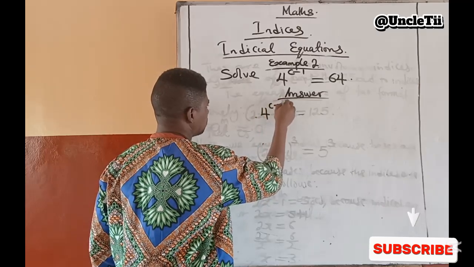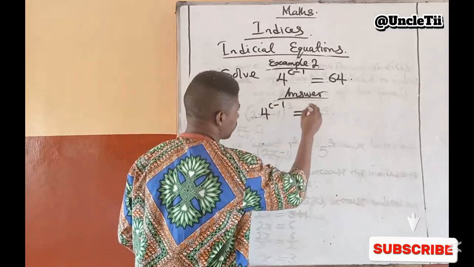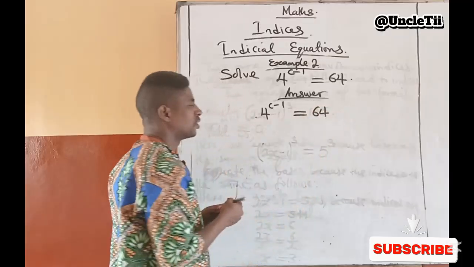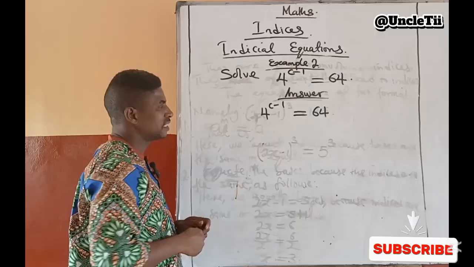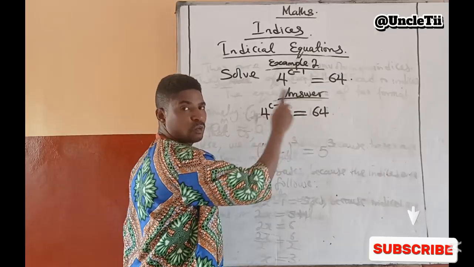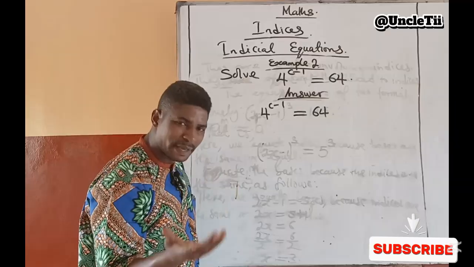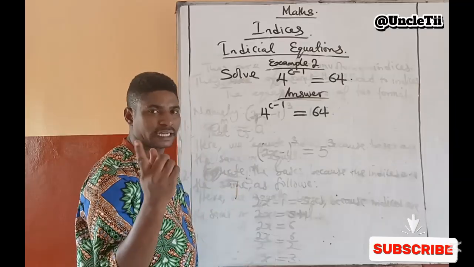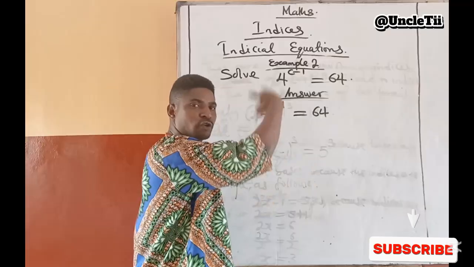4 raised to power c minus 1 is a mathematical term or character equal to 64. So this equation would have been an indicial equation if 64 were another mathematical term or character. Can we make it another mathematical term or character? Yes. 64 is 8 raised to power 2.